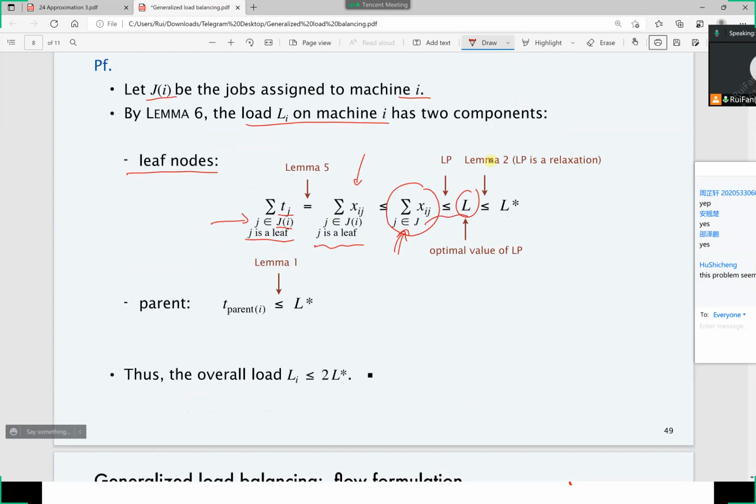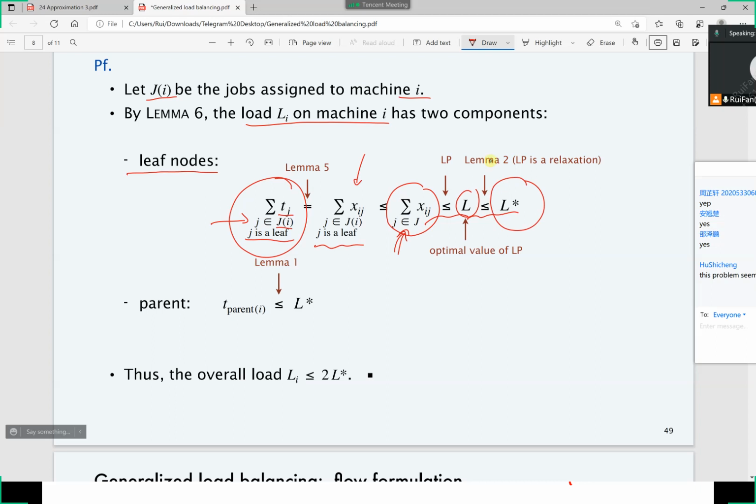And also, because the LP is a relaxation of the ILP, the optimal L is at most L star, which is the optimal makespan. So the upshot is that the total amount of work given to machine i from the leaf nodes is no more than the optimal makespan. That's what we're trying to show.